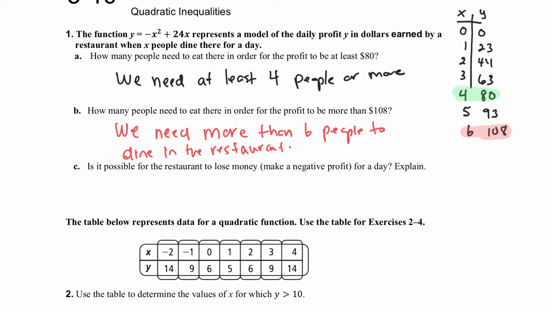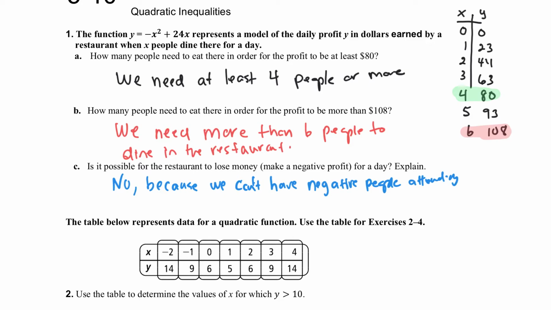So I would say no. We can't have negative people attending, so therefore we can't lose money.